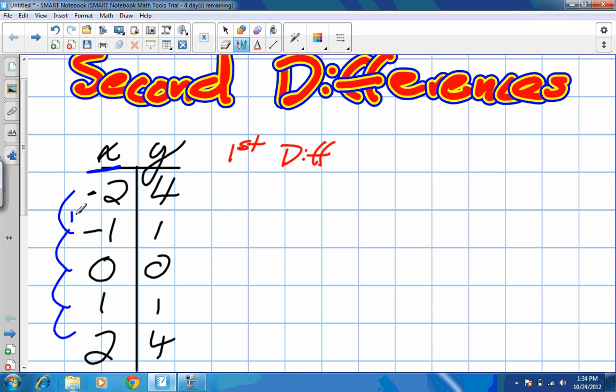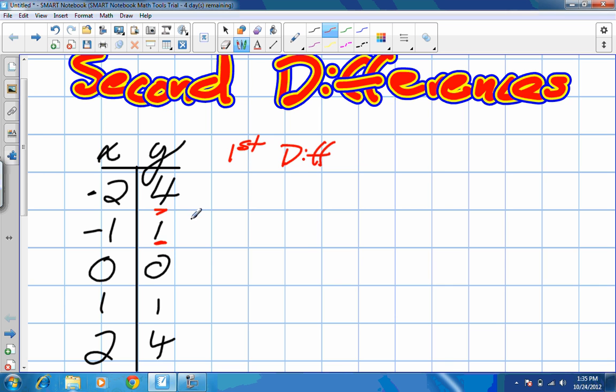If you guys look, these are each increasing by 1. That means we can actually use this chart in order to do this. If they were not increasing by the same amount, we couldn't use this method to solve whether something is linear, quadratic, or neither.